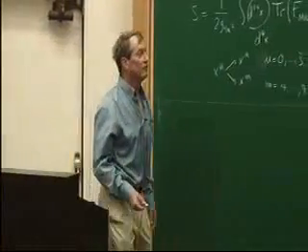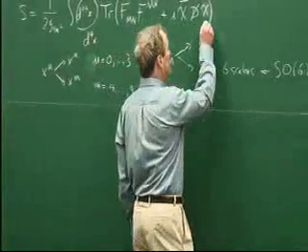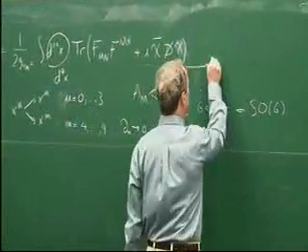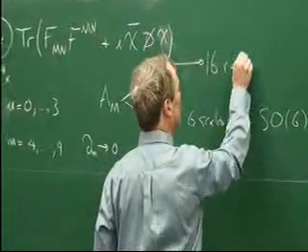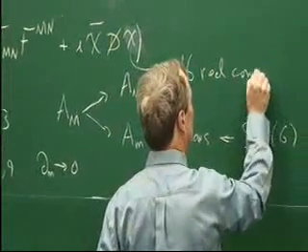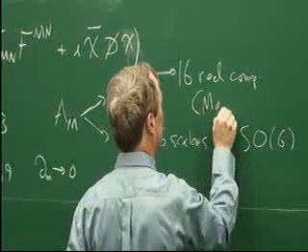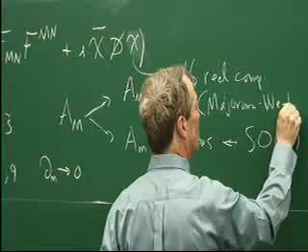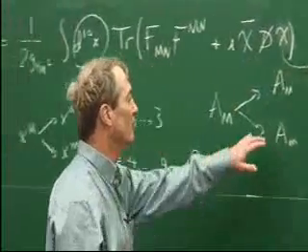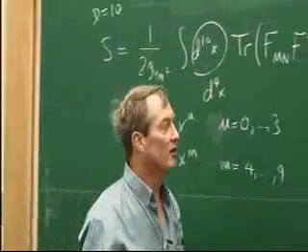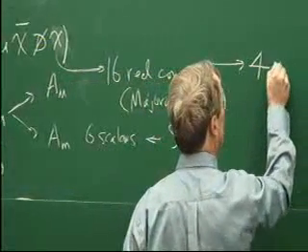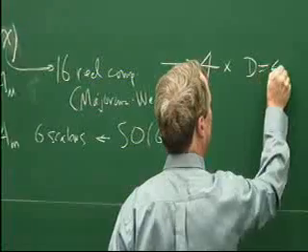Similarly, the fermions are the smallest spinor you can have up in 10 dimensions, 16 real components. That's Majorana-Weyl. And if you similarly decompose these in terms of 4-dimensional spinors, they become 4 times a d=4 Weyl spinor.